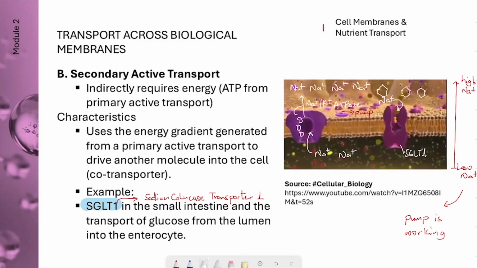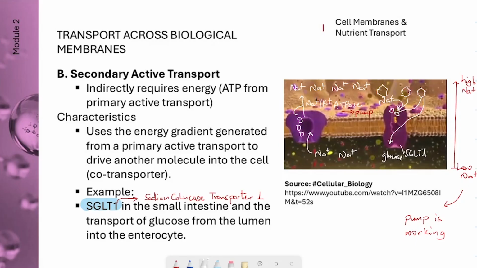It flows along the electrochemical gradient, and it doesn't need a transporter, so it just flows easily. But as sodium binds, glucose also binds, so the force that makes sodium bind, that causes a conformational change or opening of the transporter, also brings in glucose, and as a result, glucose comes into the enterocyte.